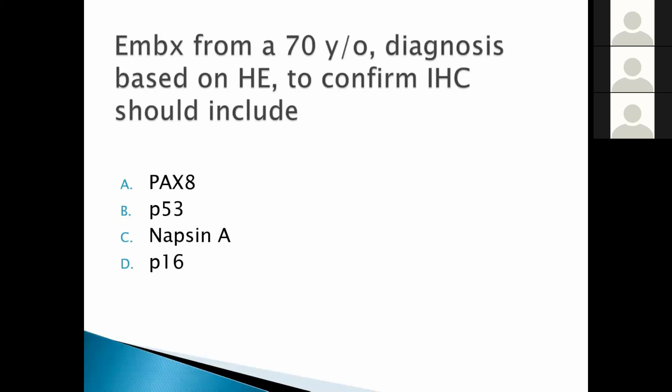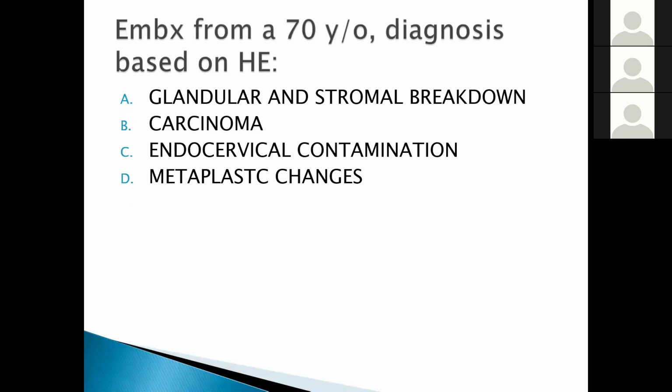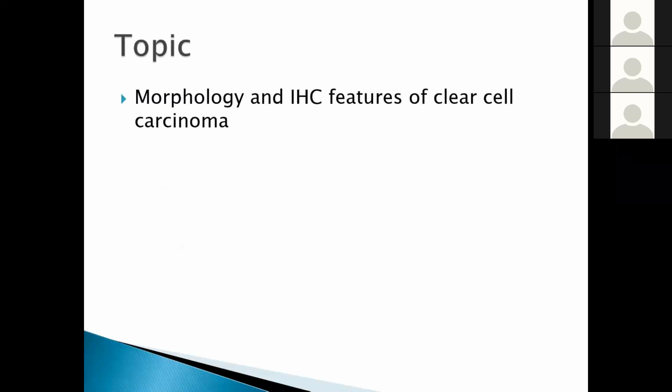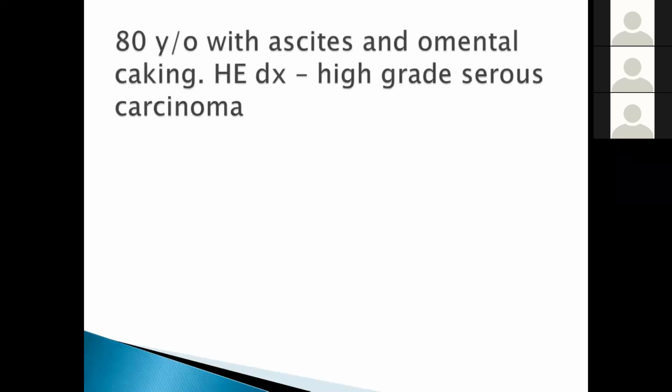I think every time I do unknowns, I do a clear cell carcinoma. But it doesn't look like serous, because serous is so juicy and blue and basophilic, usually high grade, that it's usually not a problem. It's too much for any other entity that was listed here. Don't forget your endocervix, it can really fool you, but then the answer is Napsin. So clear cell carcinoma, IHC and morphology.